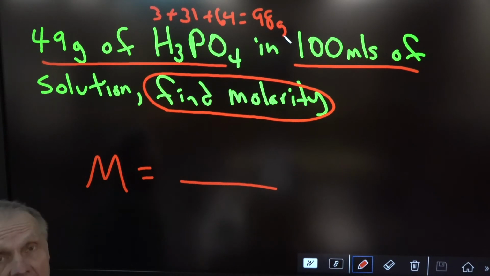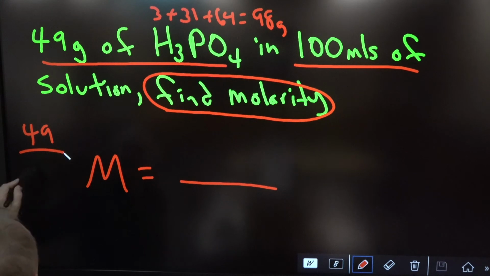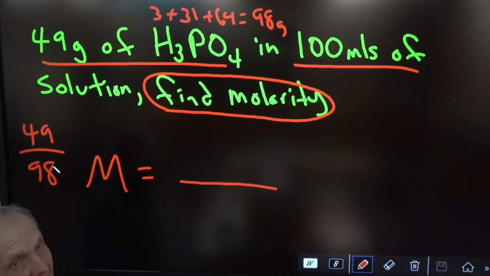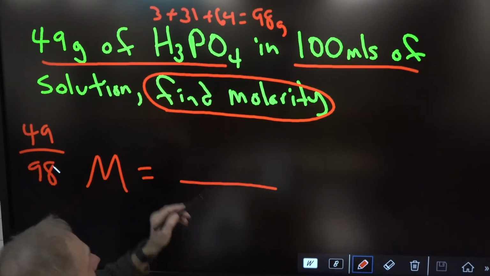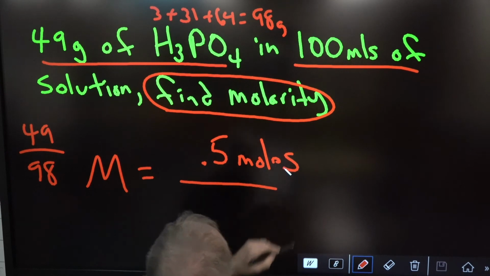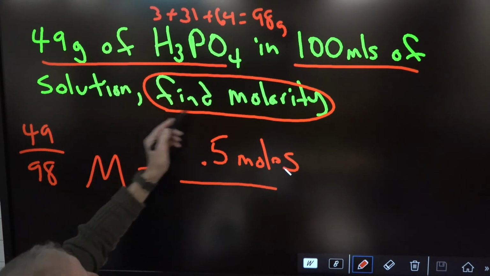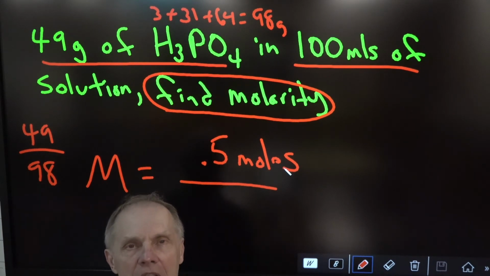I gave you 49. Well, this is going to be an easy one. 49 divided by 98 equals 0.5. So that's what goes on top, 0.5 moles. Now, I can't put 100 mL on the bottom. I have to convert it to liters.